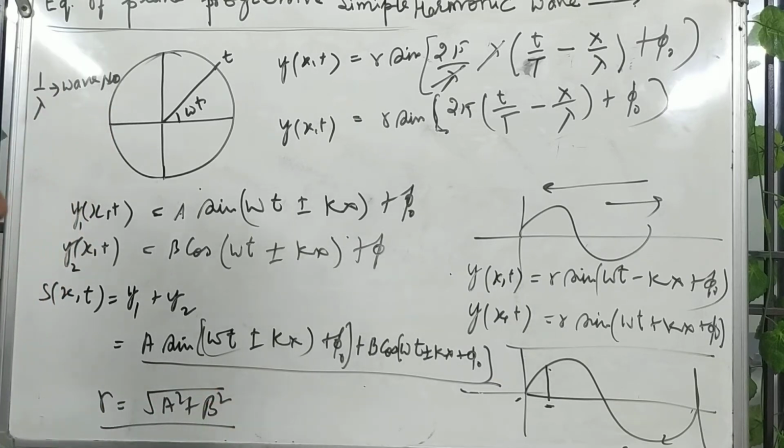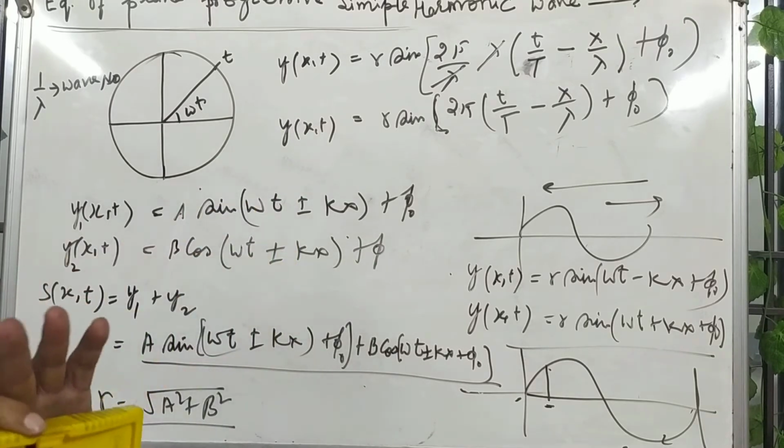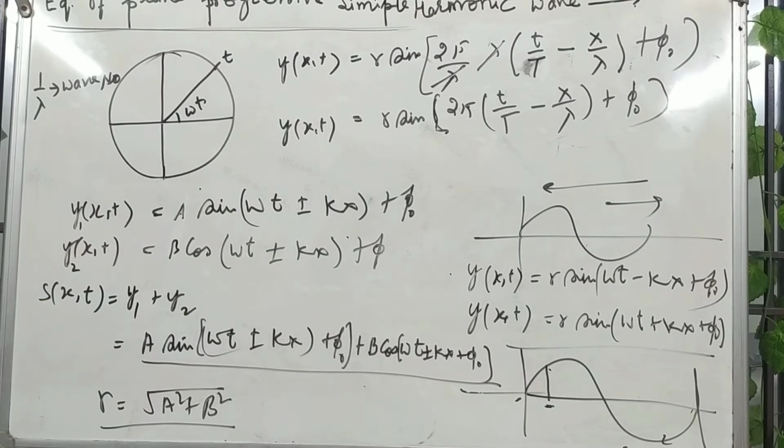This will be the resultant amplitude. But you do not have to focus on this at present. You have to focus on this much only. And now I am going to write periodic wave motion, periodic wave functions. Please write.